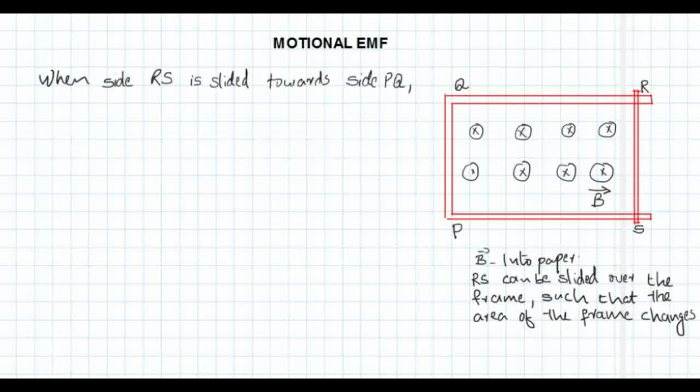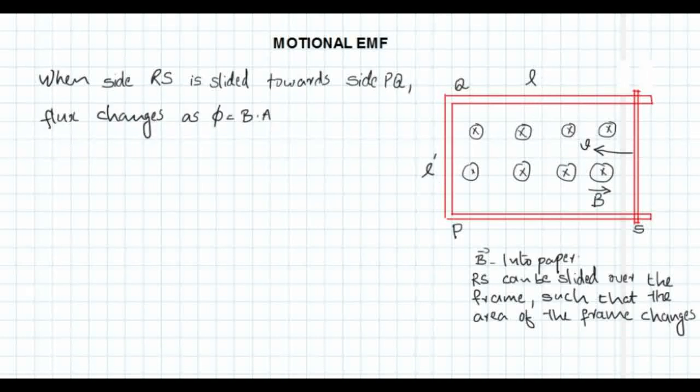Now when the side RS is moved towards PQ, what will happen? The area of this frame will change. Let's say this is the length of the frame, and L dash represents the breadth of the frame. So area will be L into L dash.